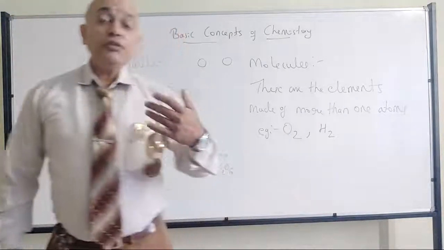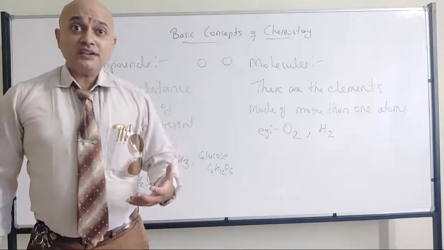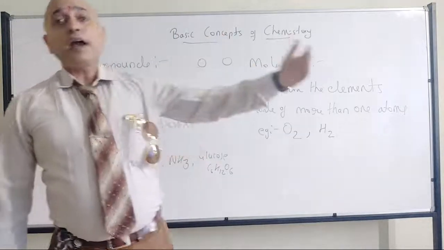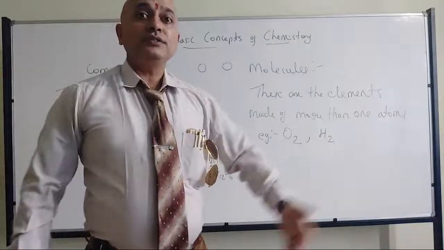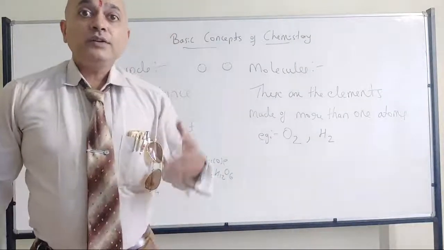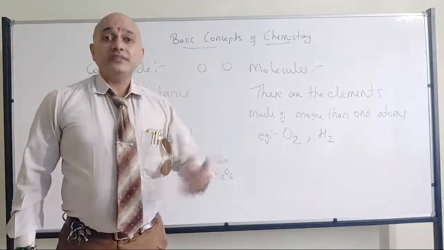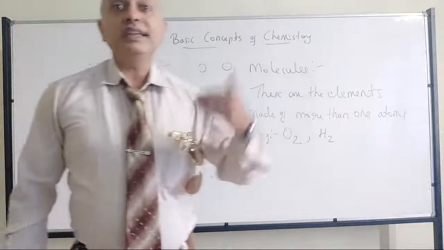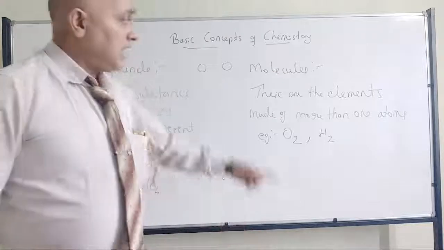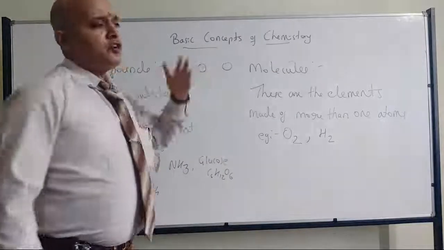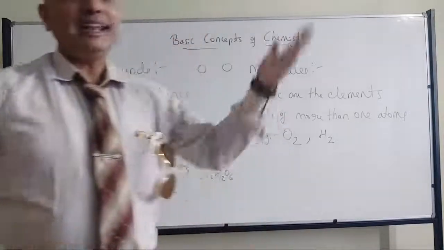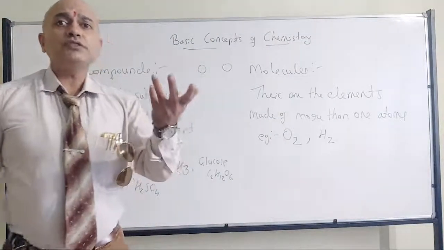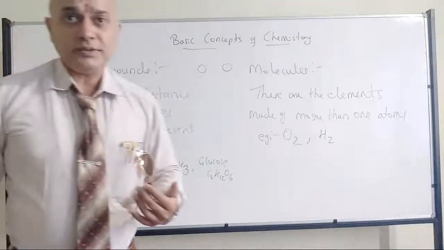Okay? Now, if elements started saying, oh, I will not combine with the same element, I will go with another type of element only, then we would not have existed, because we are living on oxygen gas. And if oxygen says, no, I am not going to combine with another oxygen, I want another element only, then oxygen would not have existed in nature.